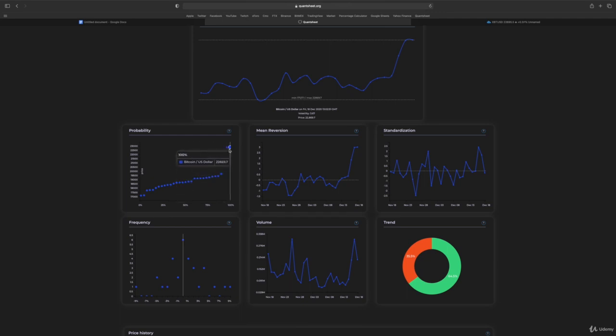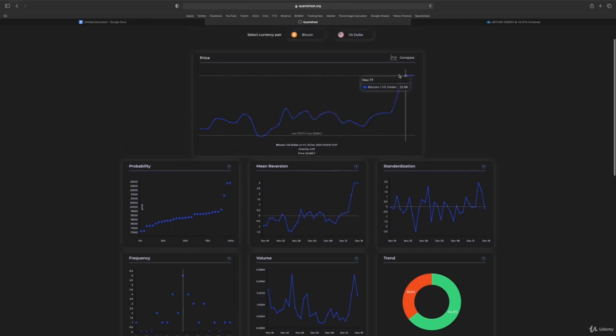But when we come to here, which is the current price, because right now, as you can see, we are at the all-time high when it comes to Bitcoin. We are at 23,000. This is the historical highest price ever. So right now, of course, there is a 100% chance that the price will go below 23,000. Once again, because this is an all-time high, right?